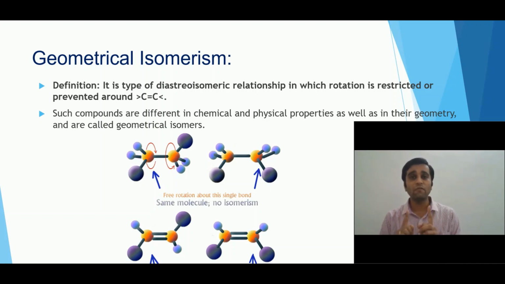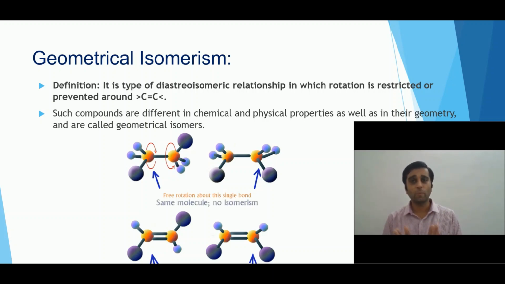But if we want to prevent rotation around C single bond C, we have to put one additional bond between carbon and carbon. So it means C double bond C, it is all about the geometry of alkenes. So it is a diastereoisomeric relationship in which rotation is restricted around the carbon-carbon double bond. That is called geometrical isomers.